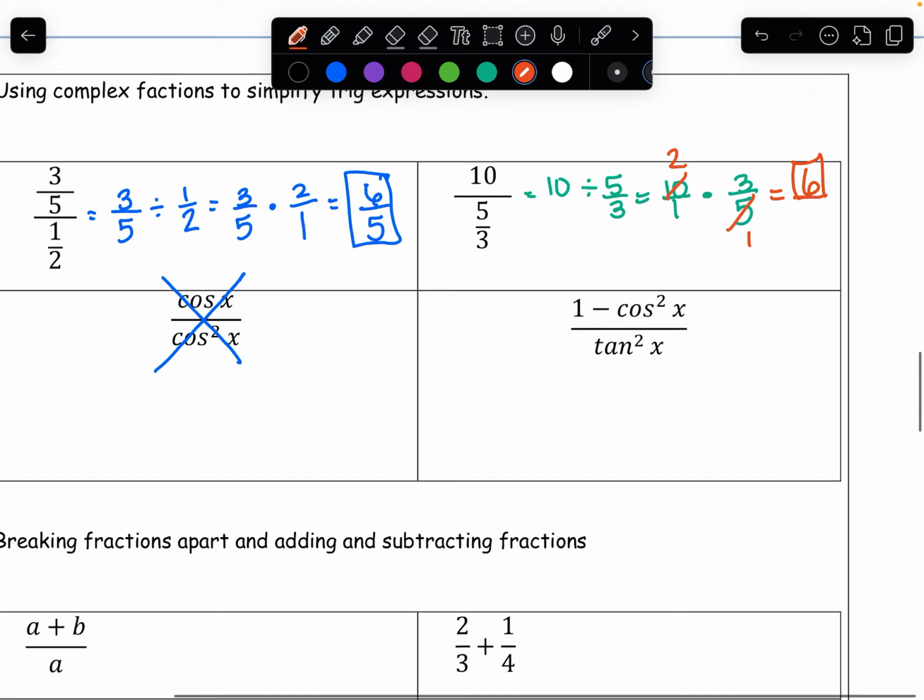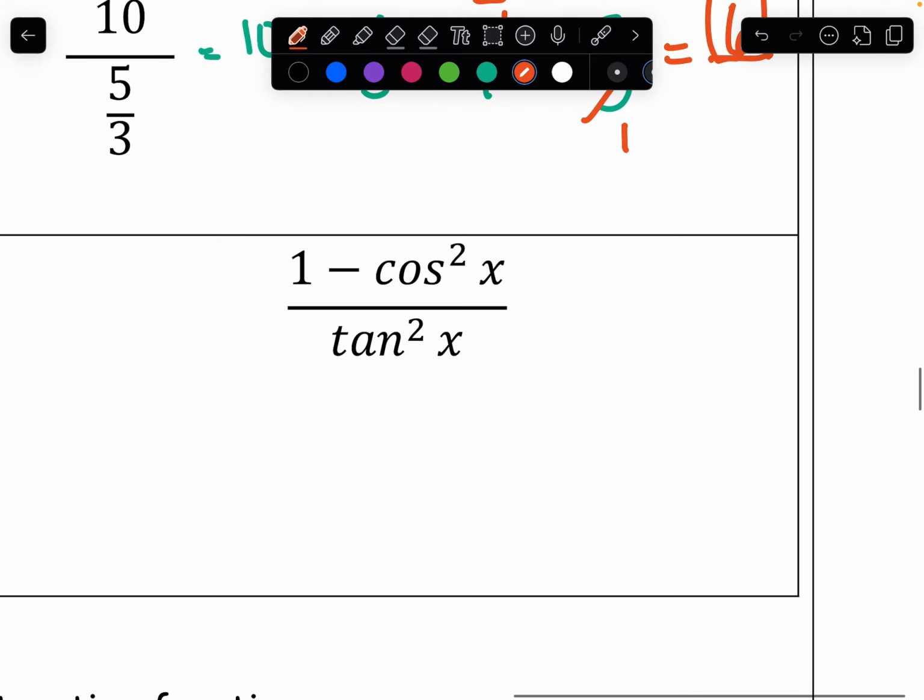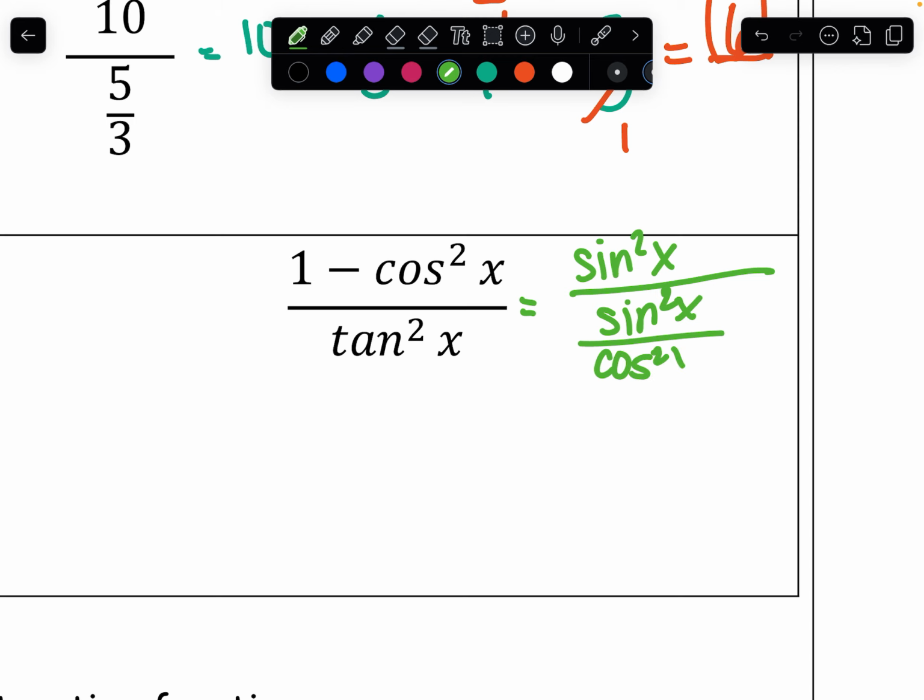So using that same concept, we can actually change this fraction into something else. Well, 1 minus cosine squared x is sine squared x. That's using our Pythagorean identity. And tangent squared x is sine squared x over cosine squared x.